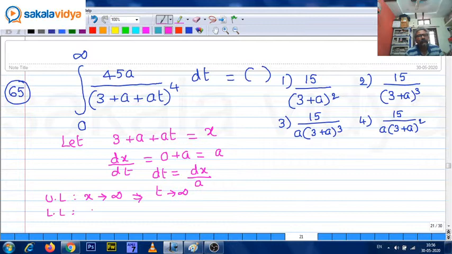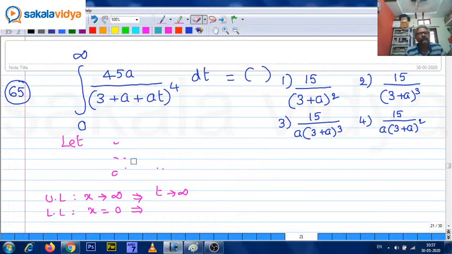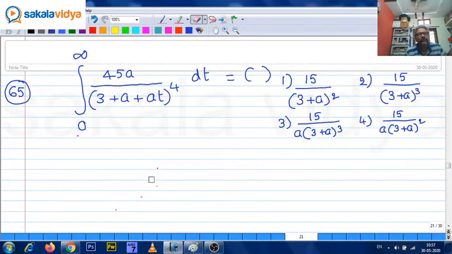Lower limit t is 0. So we can do directly, but it becomes very lengthy. I will explain an easy method rather than this, which becomes very lengthy.